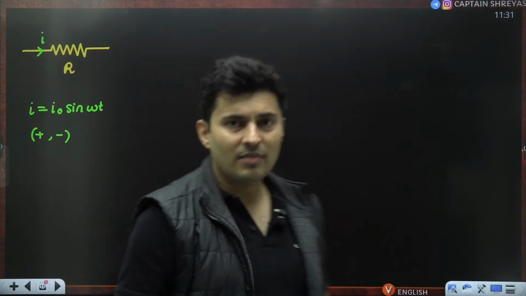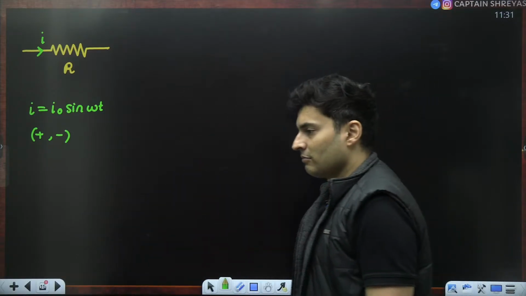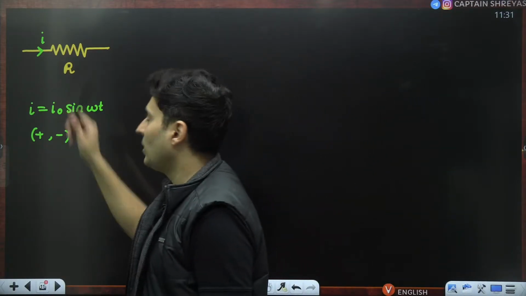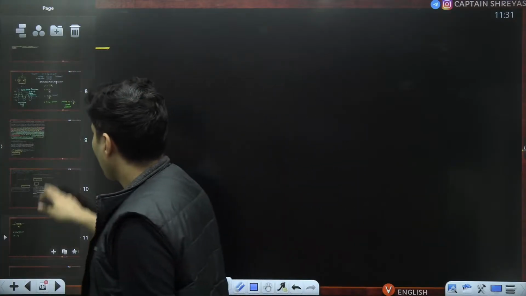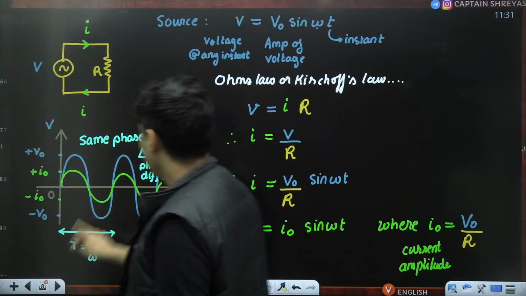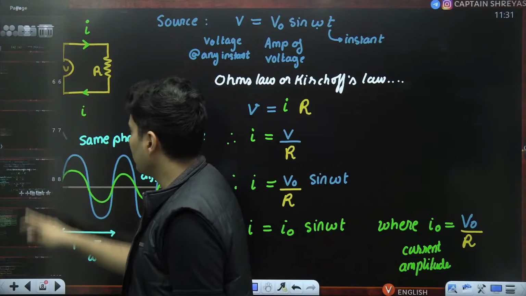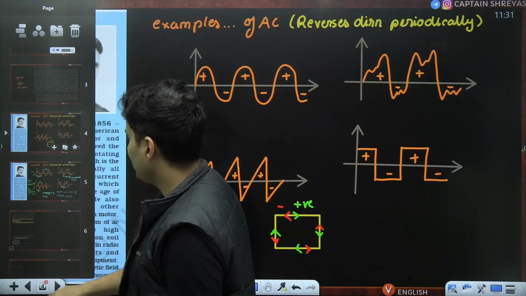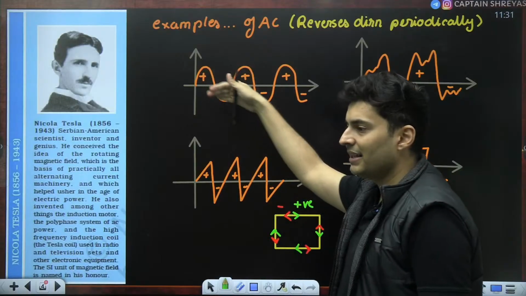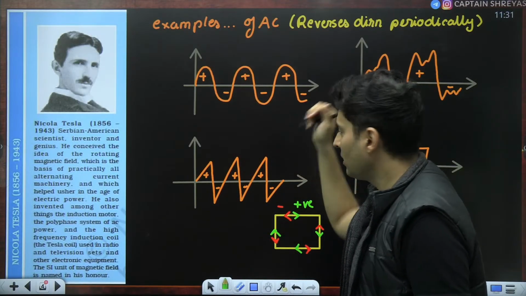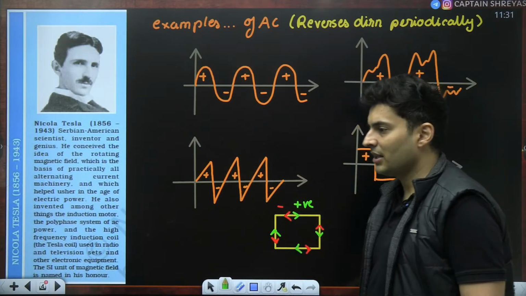Now, if you ask me what is the power which is lost in this resistor, one might think, sir, if you look at these voltage sine graphs, or even at these graphs over here or here, you will see one thing: how much ever positivity is there, that much negativity is there.